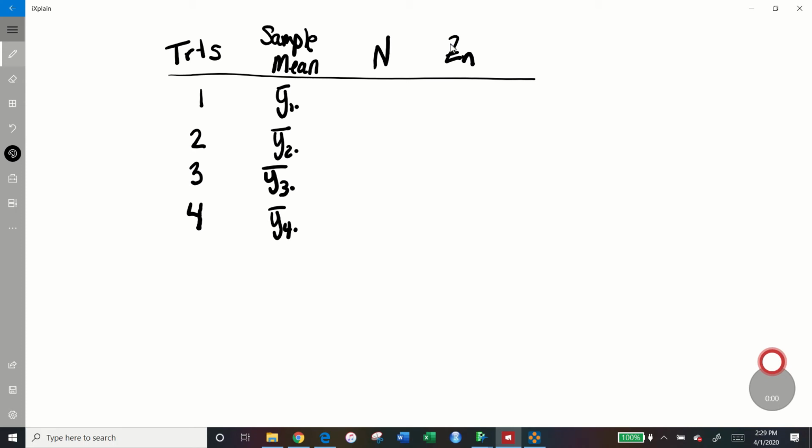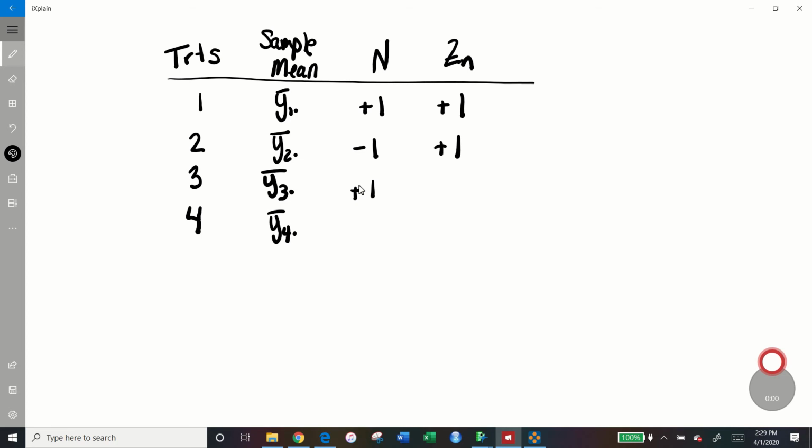So for treatment 1, nitrogen was at the high level and zinc was at the high level. For treatment 2, nitrogen was at the low level and zinc was at the high level. For treatment 3, nitrogen was at the high level and zinc was at the low level. And for the last treatment, both zinc and nitrogen were at the low level.